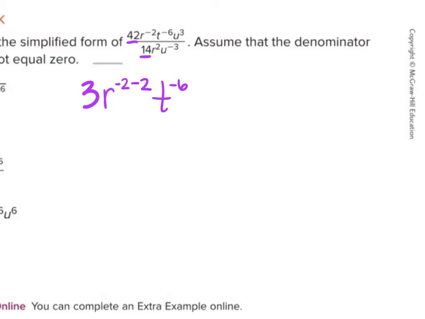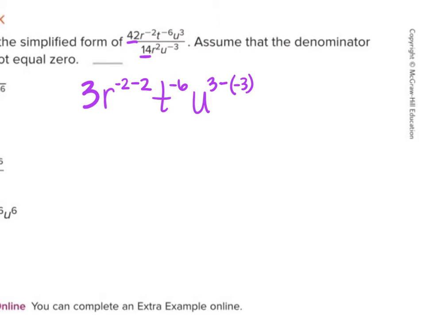Is there another t? Nope, so leave that. Okay. Now u to the 3rd, is there anything to subtract from that on bottom? Okay, so I'm going to put, now be really careful here, minus, because I'm subtracting, but then I have to put negative 3 because it was already a negative.